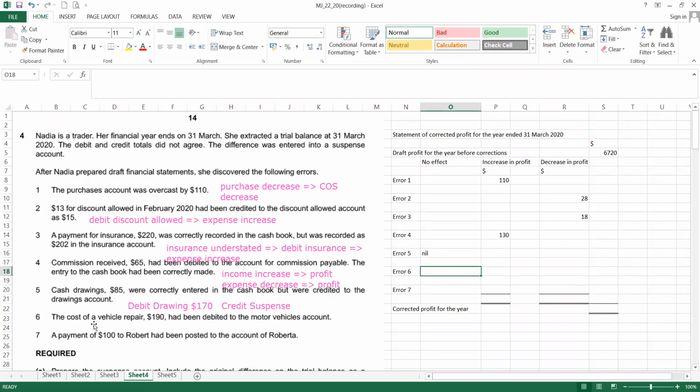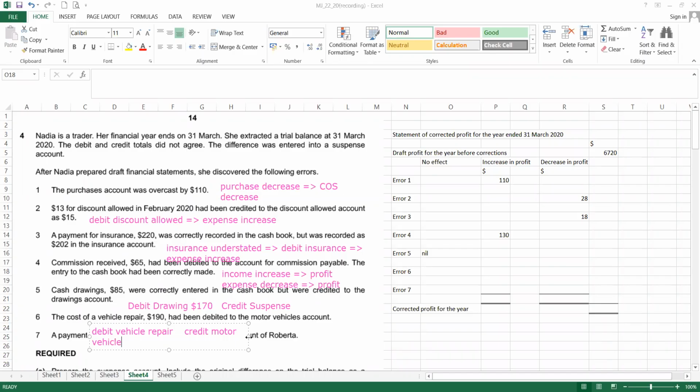Now, number 6, the cost of vehicle repair, 190, has been debited. This is the double entry that we're going to adjust. We debit vehicle repair, which is an expenses account, and credit motor vehicle, which is a non-current asset account.